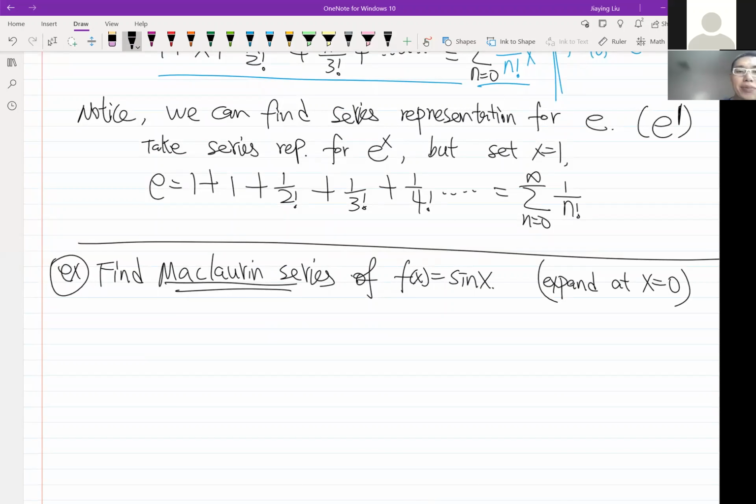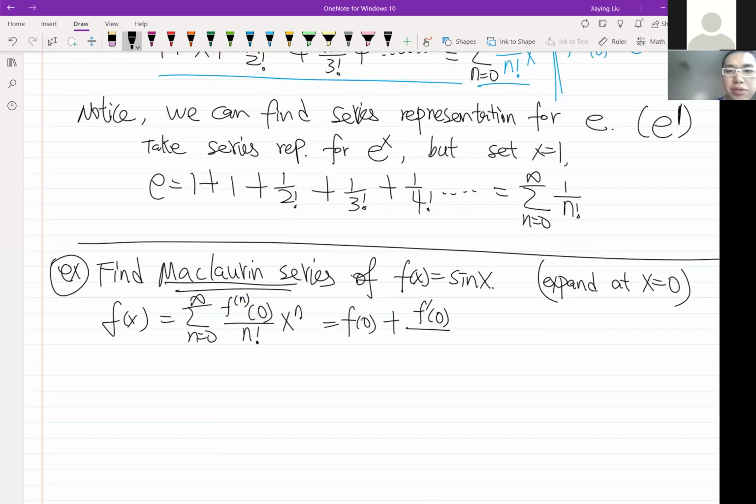And again, let me copy down the general Maclaurin series. So f of x will become sigma n from 0 to infinity, f to the nth derivative with 0 as input divided by n factorial x to the n. And if we expand it, we get f of 0 plus f derivative of 0 divided by 1 factorial x plus f second derivative at 0, over 2 factorial x squared plus the rest.